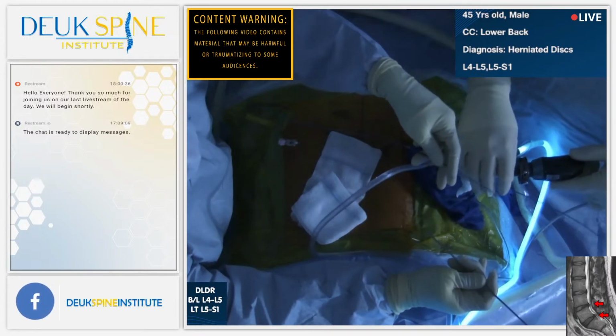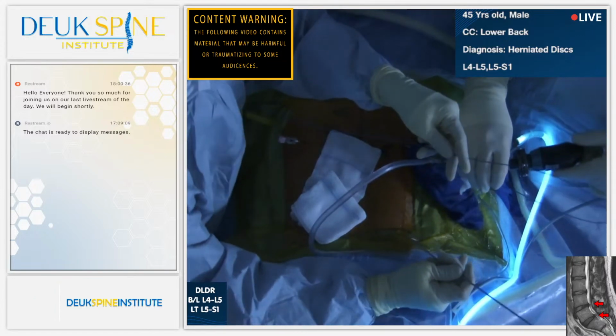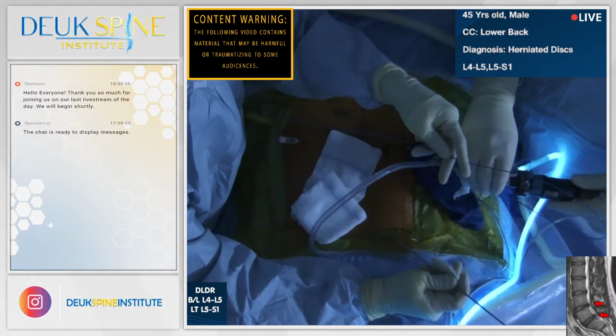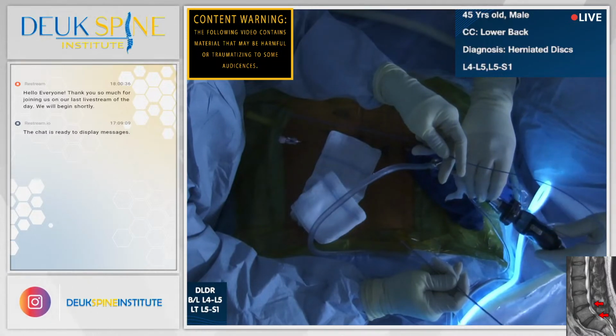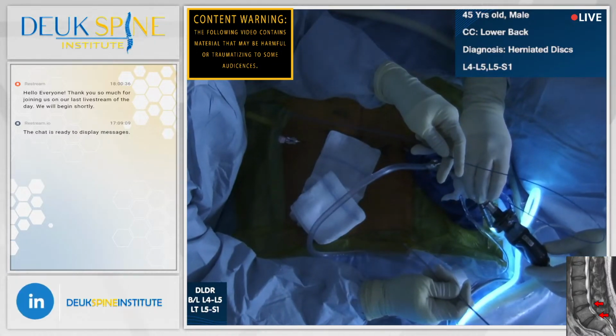Look at that. Herniation. See the scar tissue forming on the surface already?